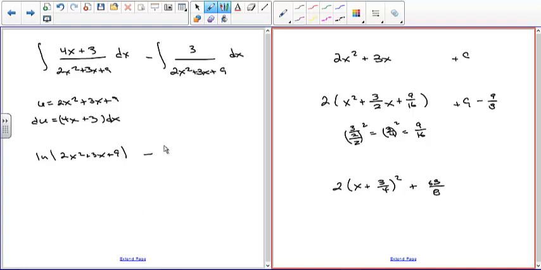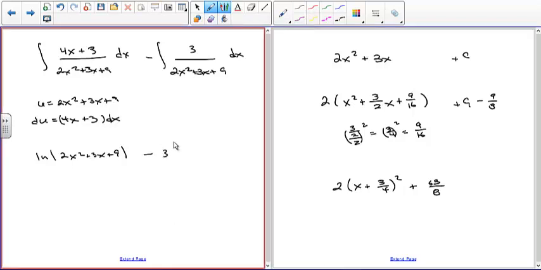So ultimately what we'd have over here is 3 times the integral of 1 over 2 times x plus 3/4 quantity squared plus 63 over 8, dx.